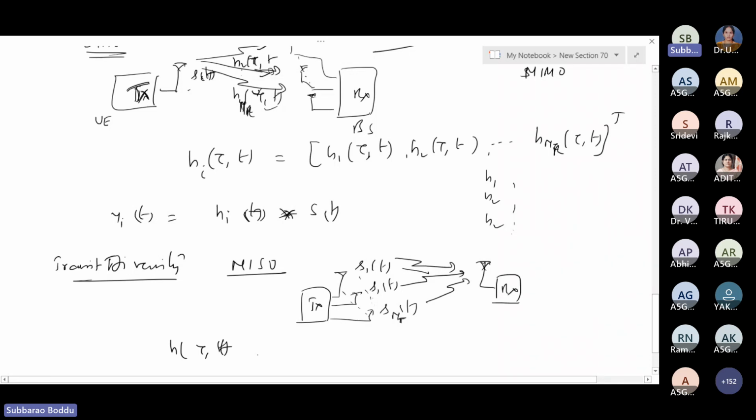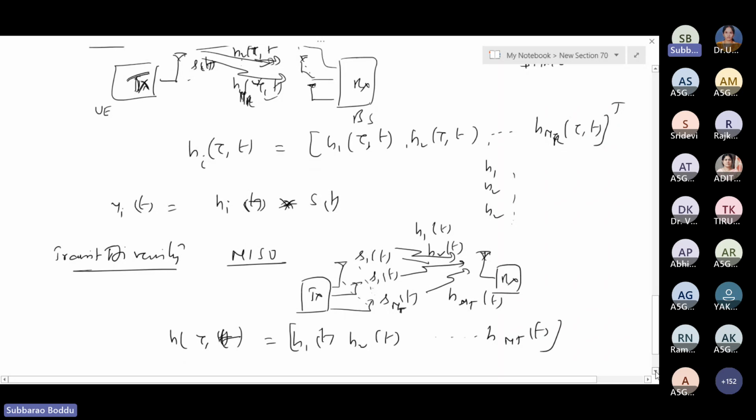You can write h1, next one is h2, and so on up to hMT, each a function of time: h1 of t, h2 of t, and so on up to hMT of t. So this is a row vector.